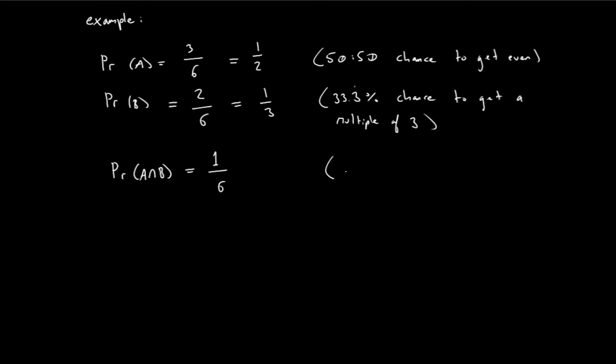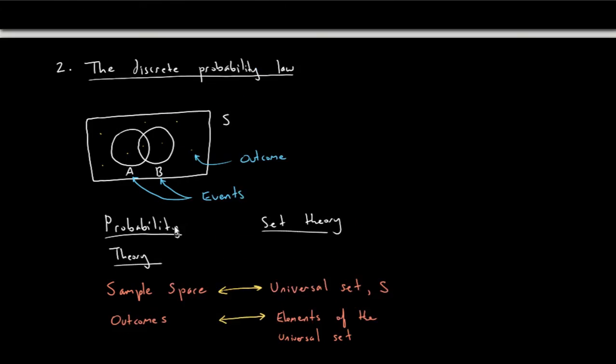So what we would say here is there is a 1/6 chance to roll an even multiple of 3, or, a bit more verbosely, an even number and a multiple of 3, or an even that's also a multiple of 3.